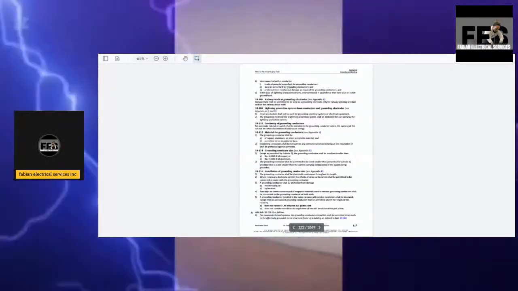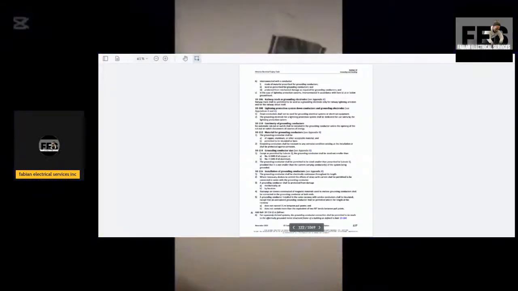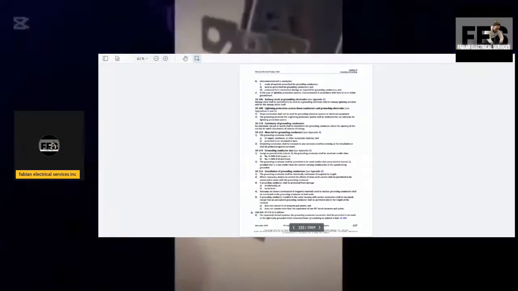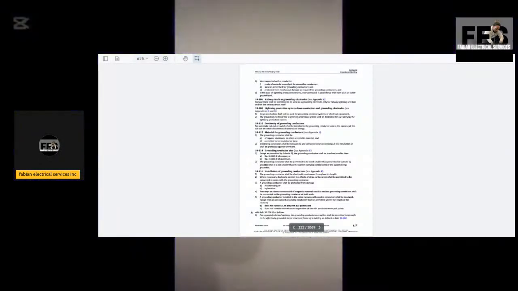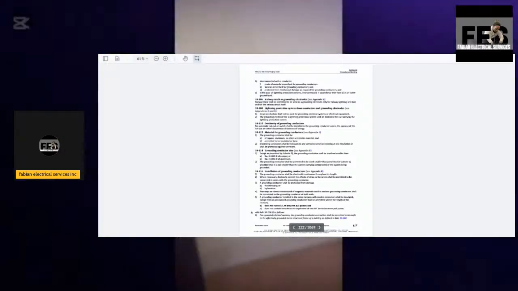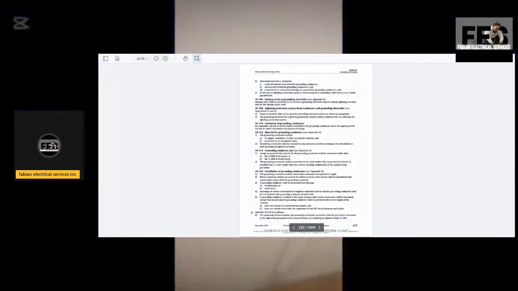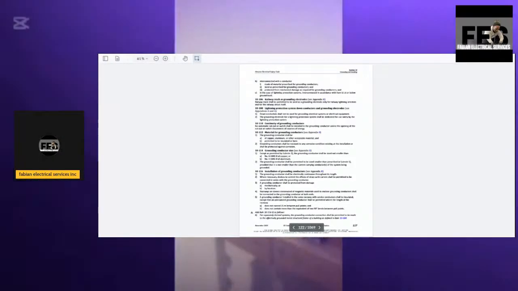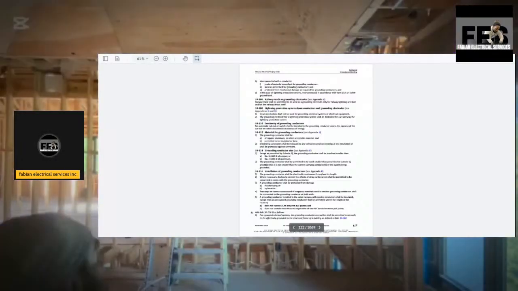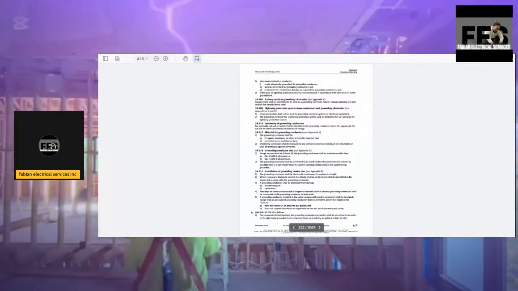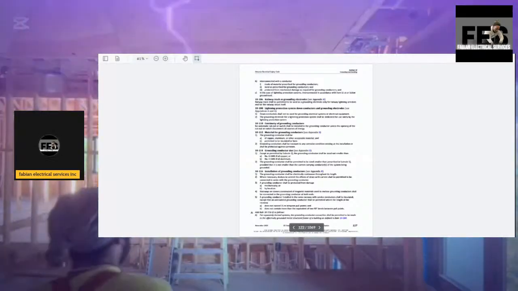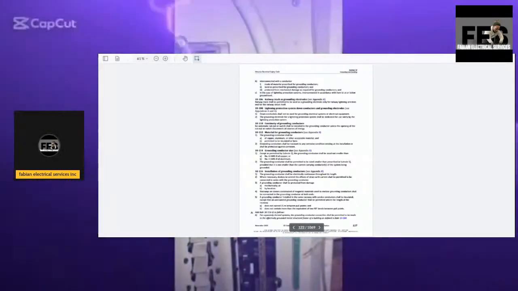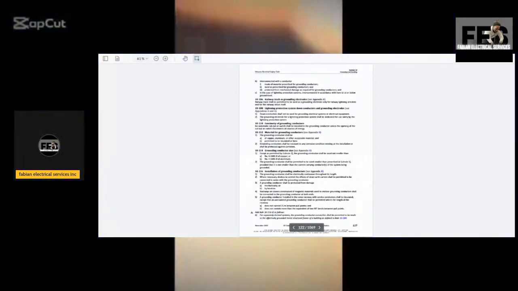Neutral and ground separation, no. Load calculations, we did that, and breaker sizing according to the Canadian Electrical Code. Electrical panel code compliance will have to be another time, and so on.